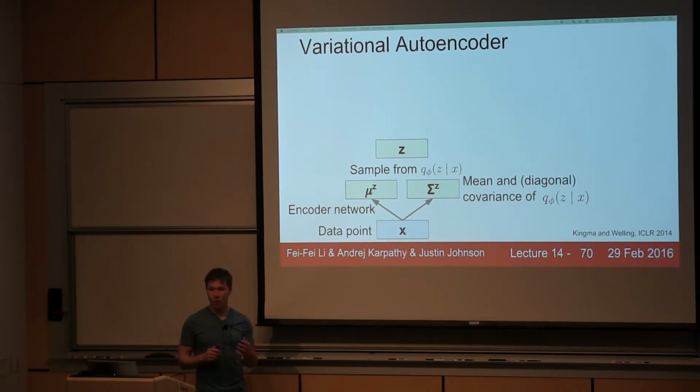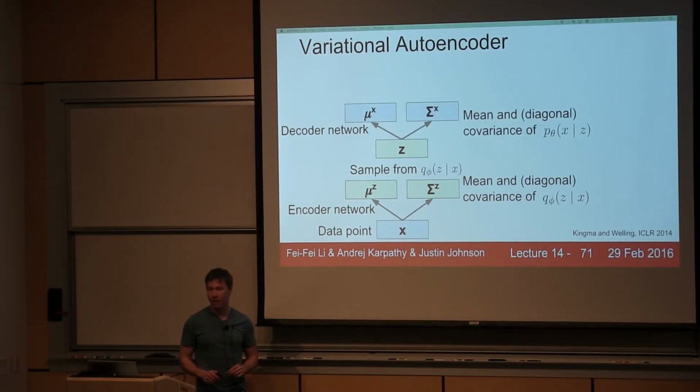Then once we have some concrete example of a latent state, we can pass it through this decoder network, which should then spit out the probability of the data again. And then once we have this distribution over the data, we could sample from it to actually get something that hopefully looks like the original data point.